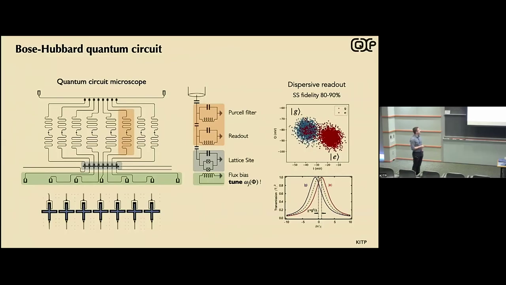In this experiment, we're doing single-shot histograms where we can see that the IQ response of the cavity is very different depending on the occupation of our transmons, and we can get single-shot fidelities of around 80 or 90%.